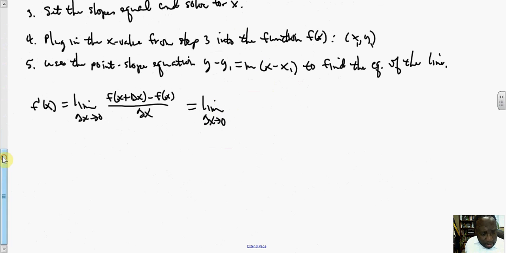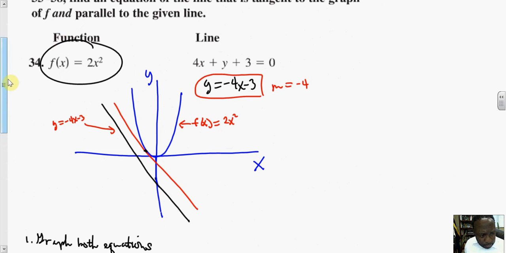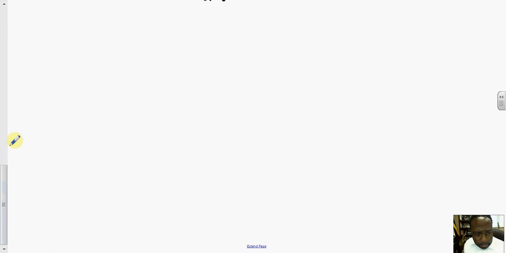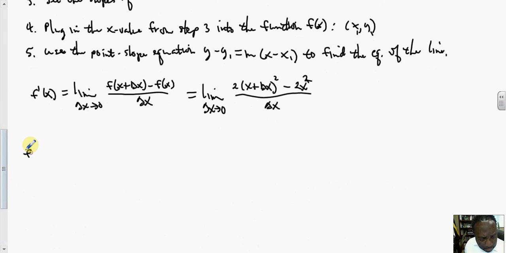The function is 2x squared, so this is 2 times x plus delta x squared minus the function f of x, which is just minus 2x squared, all over delta x.